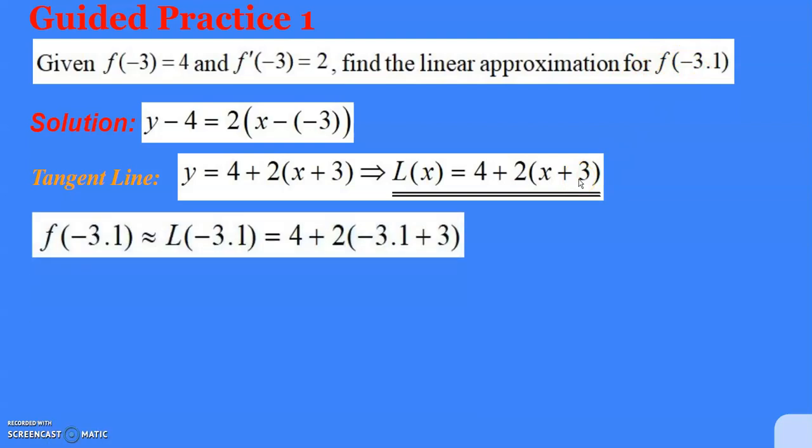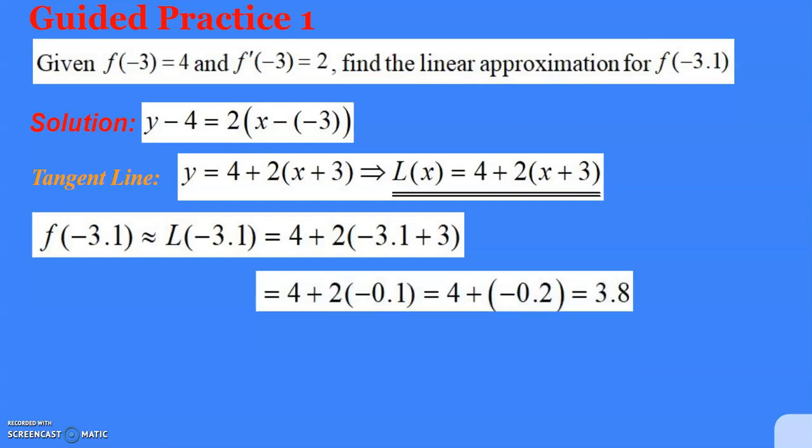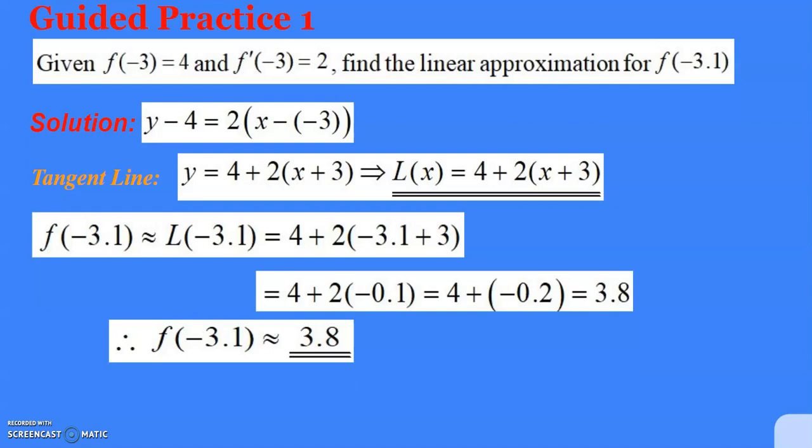So here we substitute -3.1, which would be approximately equal to the tangent line output at -3.1. Our result is 3.8. If you have your graphing calculator, you may evaluate the function at -3.1, and we'll see how close those two values are.